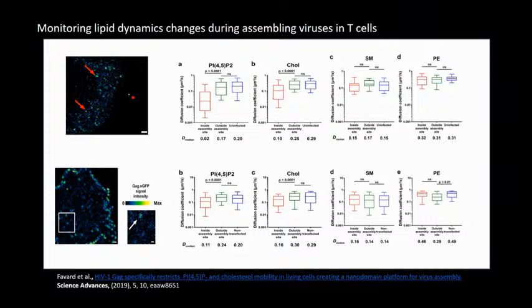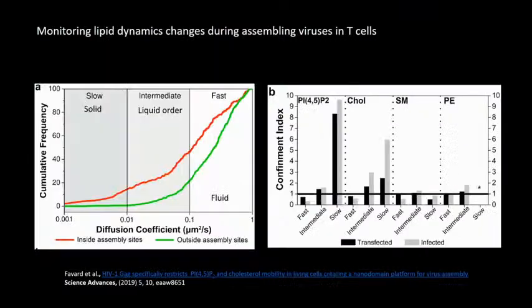With that kind of approach, not only can you have access to the diffusion coefficient, but you also have a distribution of all these diffusion coefficients at the different positions, either at the position where the assembly occurs or outside the assembly. And interestingly, using this approach, you can decompose the observed diffusion coefficients into 3 major families.